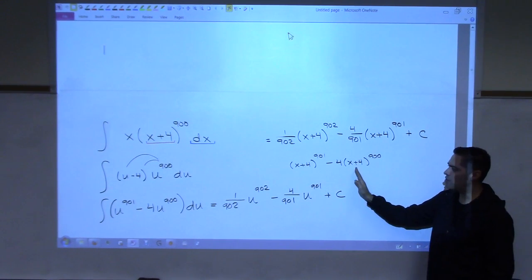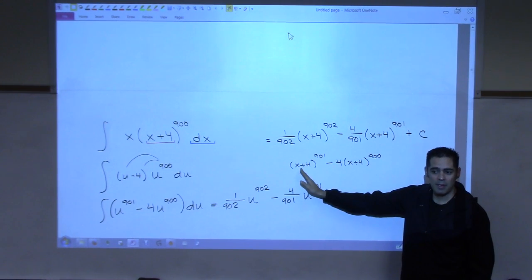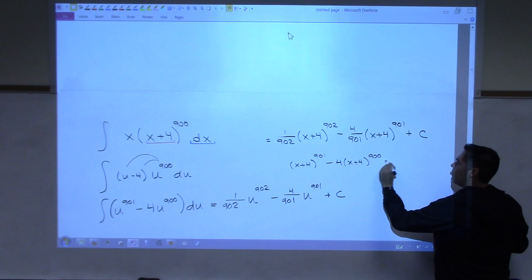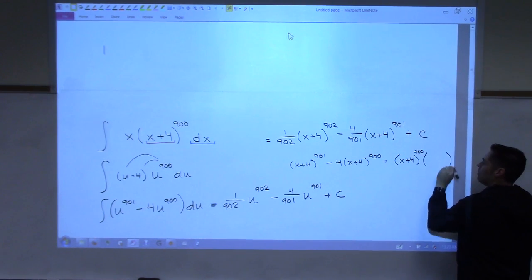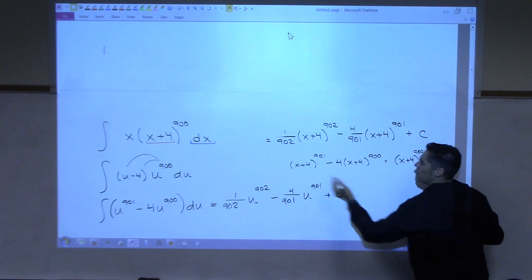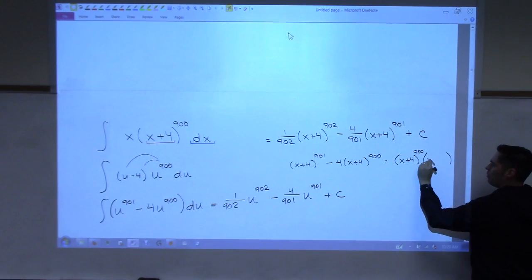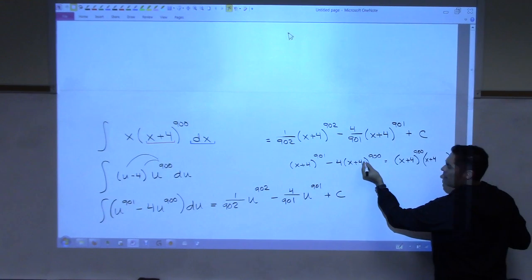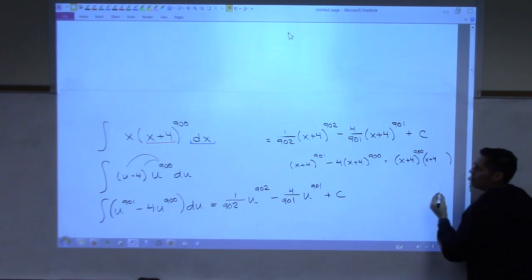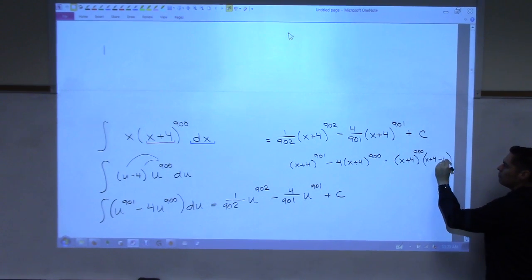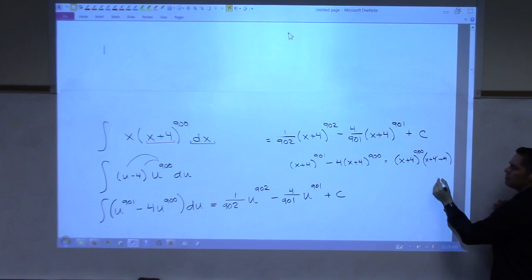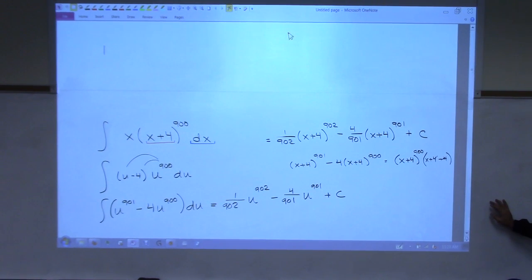You have 900 factors of them here, and 900 factors of them here. So pull out x plus 4 to the 900, and what are you left with? When you pull it out of here, you're left with x plus 4. And when you pull it out of here, a minus 4? The 4's cancel. This is x times x plus 4 to the 900. It worked.